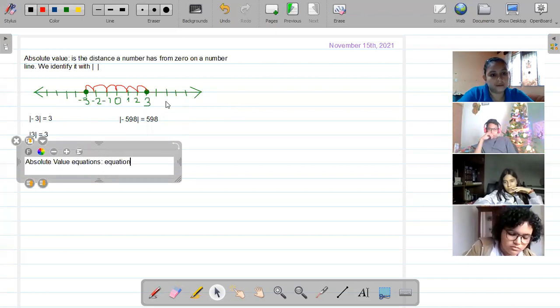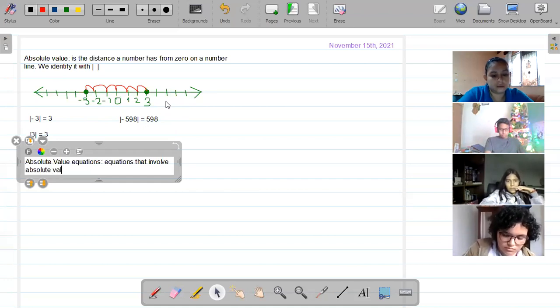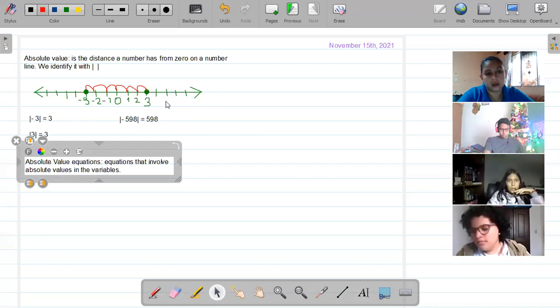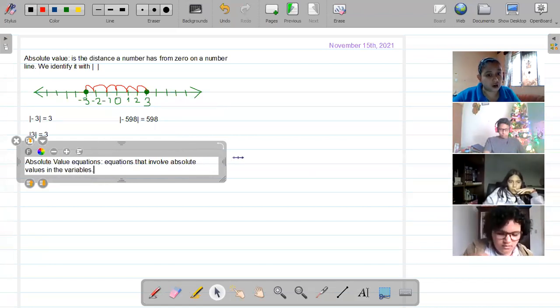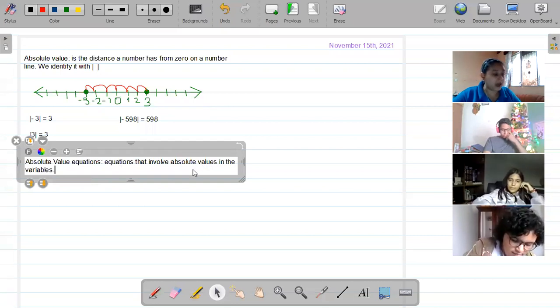Absolute value equations are equations that involve absolute values in the variables.